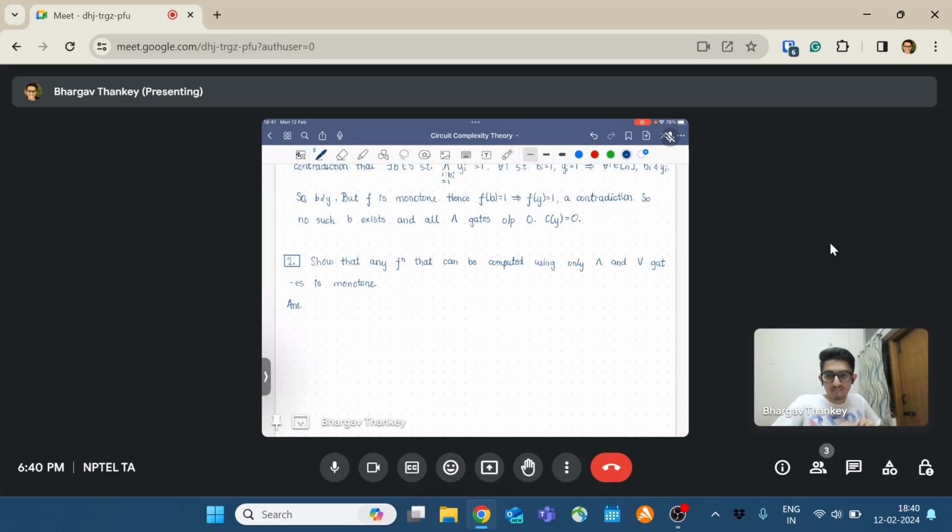The overall argument is that the gates individually are monotone, so if you combine them in any way, the resulting circuit computes a function which is monotone in nature. How would you argue that?